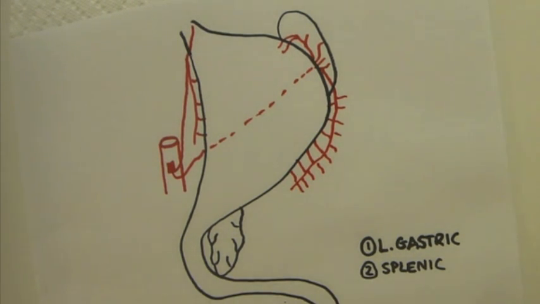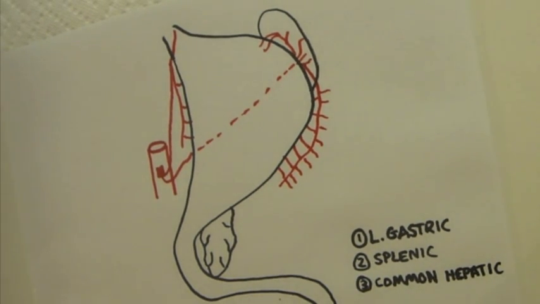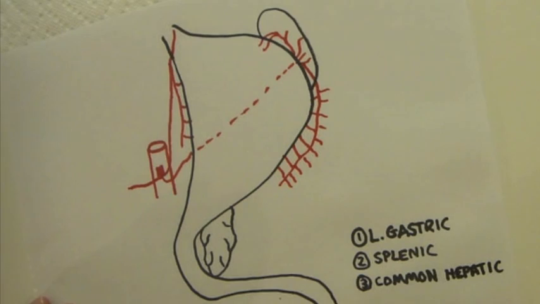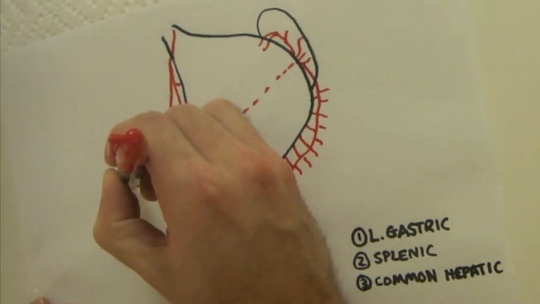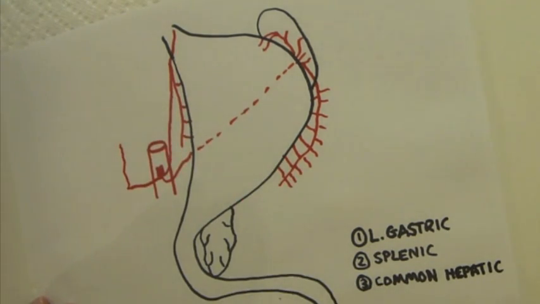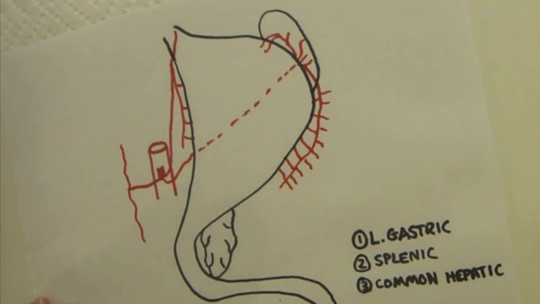The third branch is the most complicated. It's the common hepatic. So it starts off as the common hepatic, and it is going to bifurcate into the proper hepatic artery and the gastroduodenal artery.